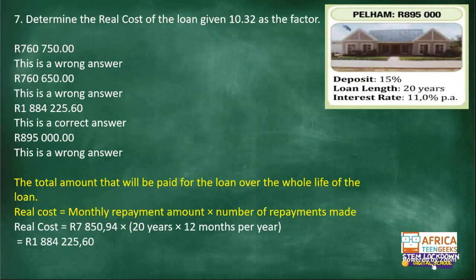So you need to remember the importance of calculating this. Can you see that now the loan, the remaining balance there, which was 760,750 rands, has now drastically increased. So your loan is now more than 1 million rand.